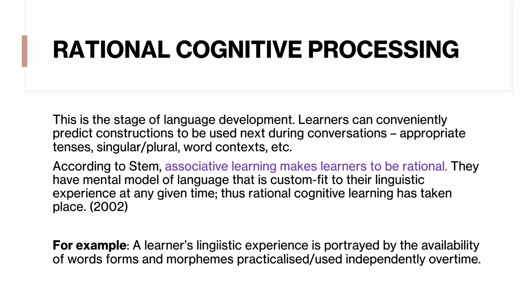Rational cognitive process. This is the level of language development. Having learned language features, learners' knowledge has to fit into their linguistic experiences. Language learners have to be rational because the way they process their linguistic knowledge has to reflect in their level of understanding.